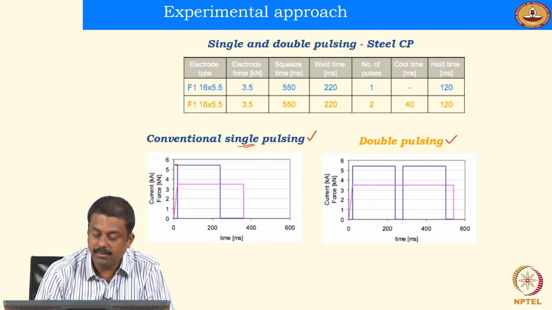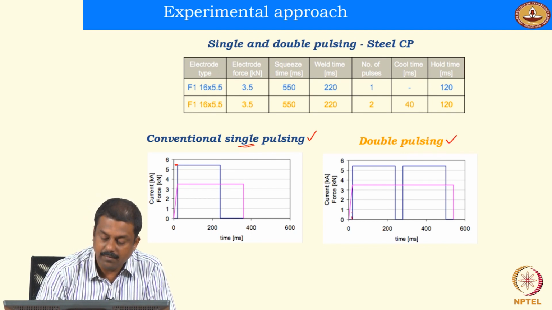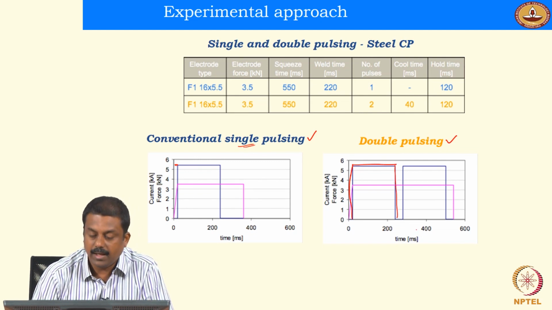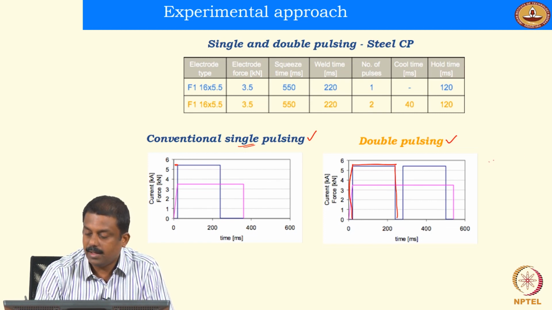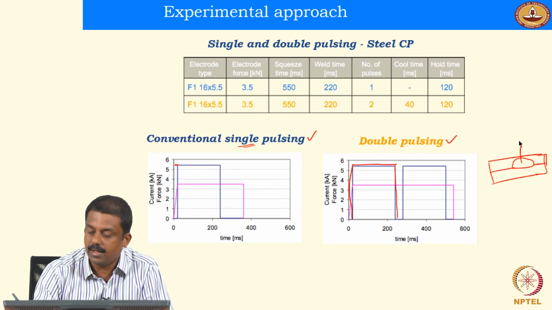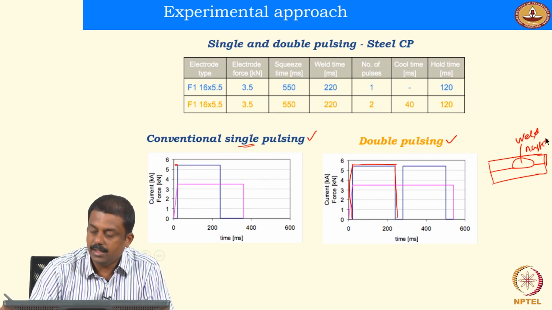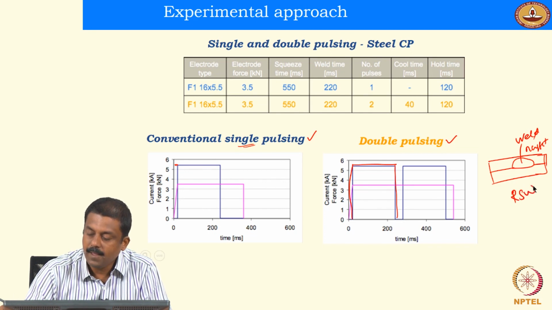In a single pulsing we have a single current pulse given, and by giving this pulse and the load, we achieve a weld nugget of, say for example, so and so diameter. This is the weld nugget diameter in resistance spot welding.